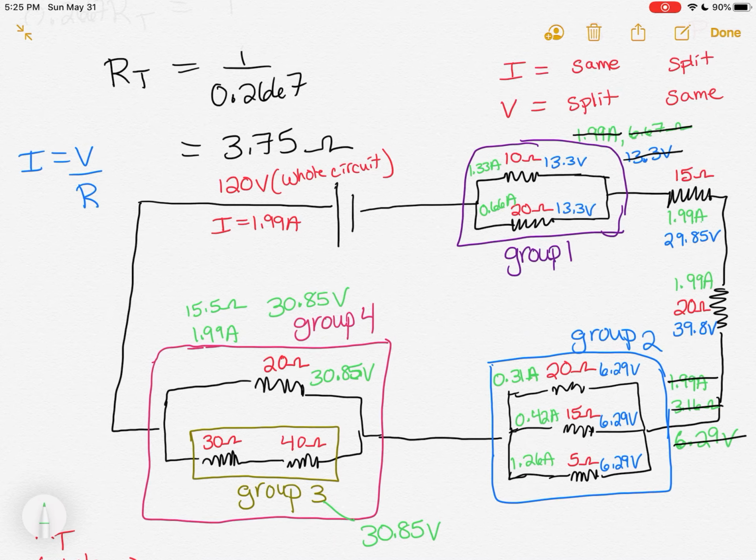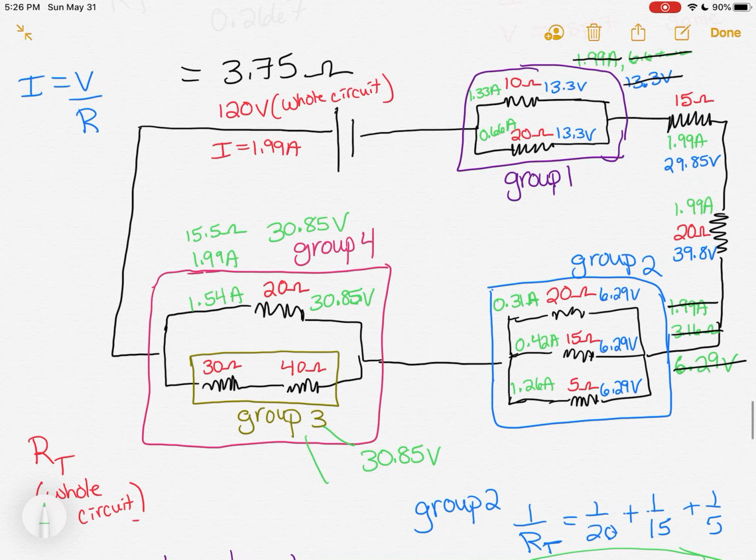So that current is going to be 30.85 divided by 20. So that current, we've got 1.54 amps. Okay, but since we know that 1.99 amps is going through the whole section, that means that through group 3, we have a current of 0.45 amps.